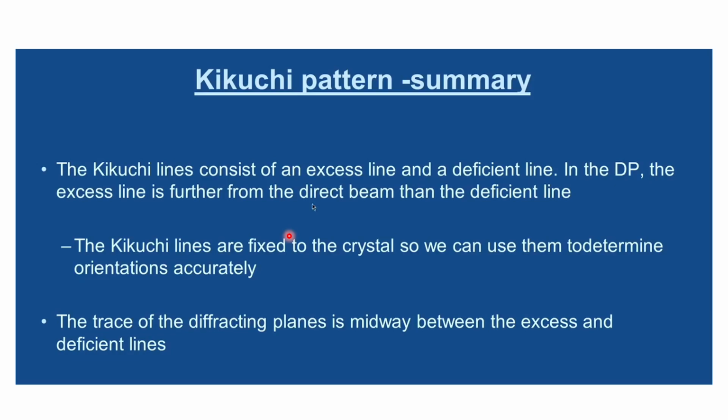The lines represent your planes, and where these Kikuchi bands intersect at a certain point, that point is known as the zone axis. You can use them as a roadmap to orient your specimen in a certain direction and then do the imaging.